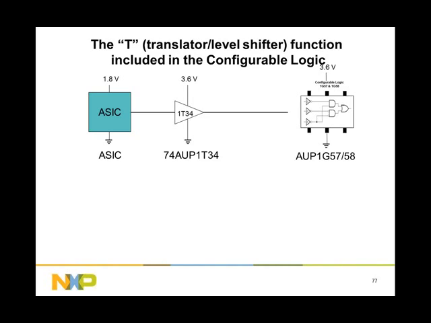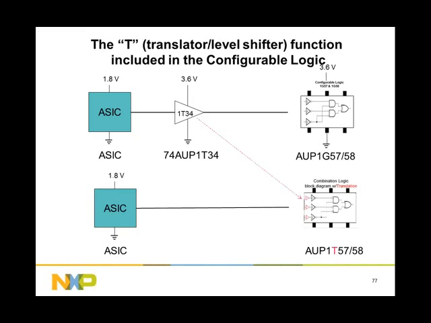We recognize this need, so what we have now done is taken this translator, the AUP1T34, and built it into our configurable logic device. So by changing the part number you order from an AUP1G57 to an AUP1T57, you get the level shifting or translation already incorporated in the device. Thus, you are saving space because you only have one component on the PCB, and you are also saving cost.